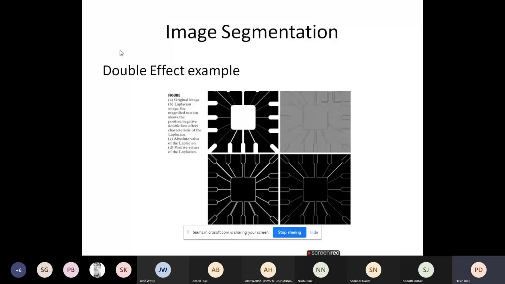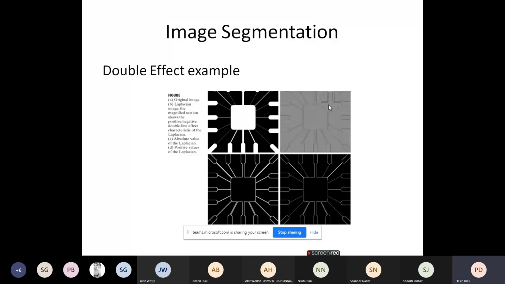Here the first one is the original image, and the second image is representing a Laplacian image. And we have a magnified section here, which is highlighted with the positive and negative double line effect in the Laplacian image.